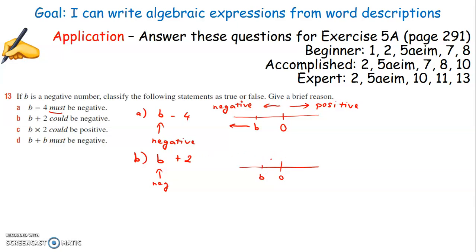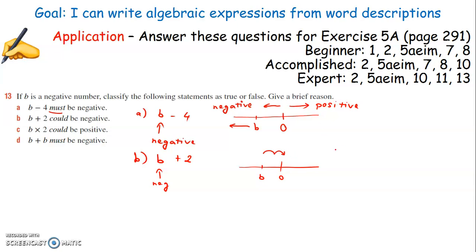Now we plus 2. That means that we are taking 2 steps to the right. Depending on where B is, these 2 steps may be enough to take it over to the right hand side of the 0, right?